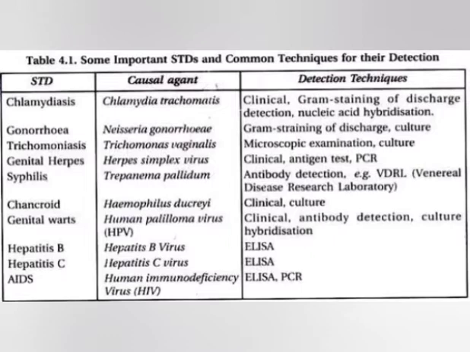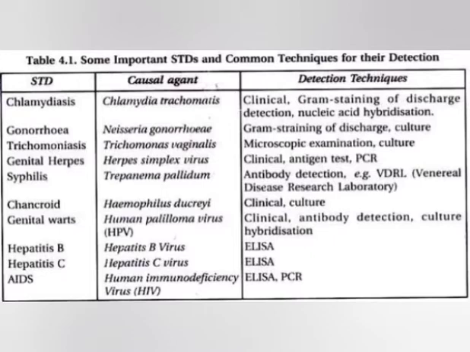The next sexually transmitted disease is syphilis, and the causative agent is Treponema pallidum, and detection techniques include antibody detection, for example VDRL, that is, Venereal Disease Research Laboratory. The next is genital warts, and the causative agent is human papilloma virus, and the detection techniques include clinical examination, antibody detection, and culture and hybridization.